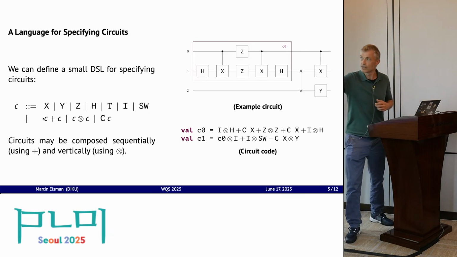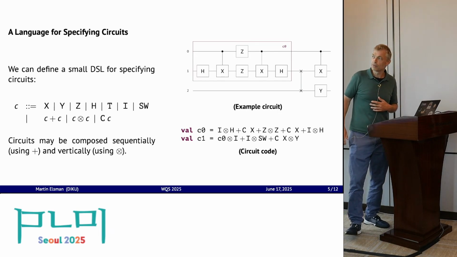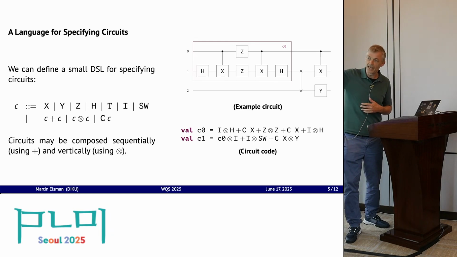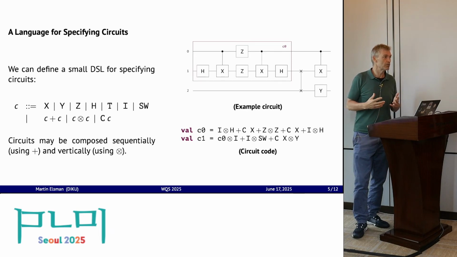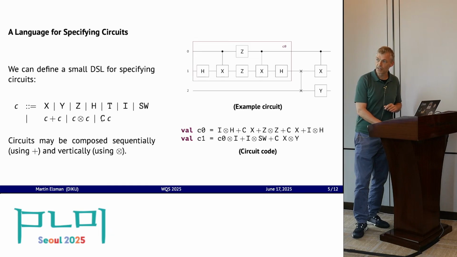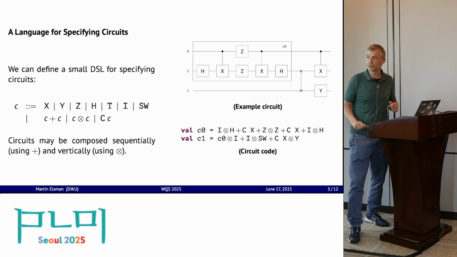That means they're composed in this direction here. And then we can also compose them vertically by adding multiple circuits. And then we have the control gates, which allow us to create entanglement between qubits. This is specified with this C constructor, which also takes a circuit as argument. It can be a control of any arbitrary circuit.